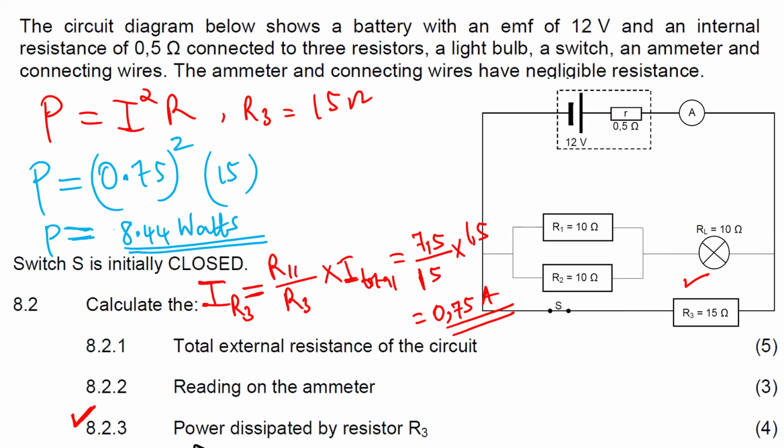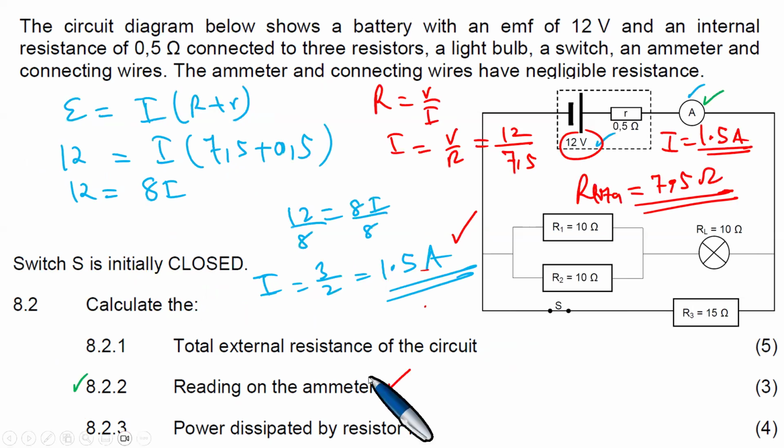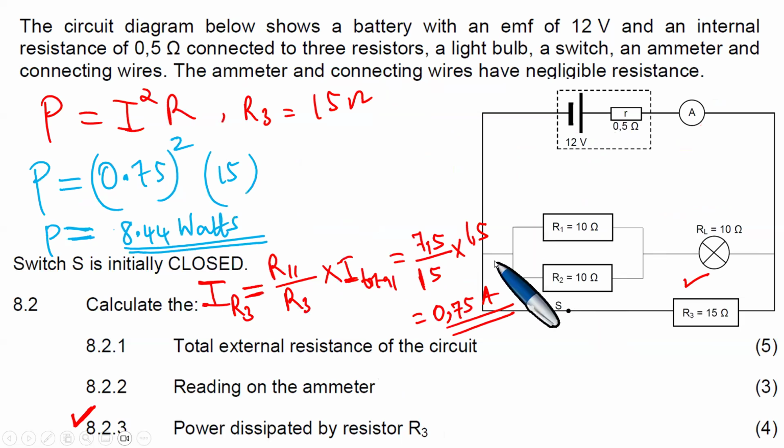But as indicated, there are too many ways to do this particular question, because you have already got the ammeter reading, which is exactly 1.5, right? So we took the 1.5, and this 1.5 can be used.